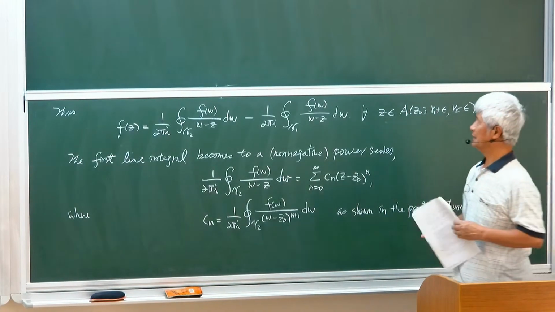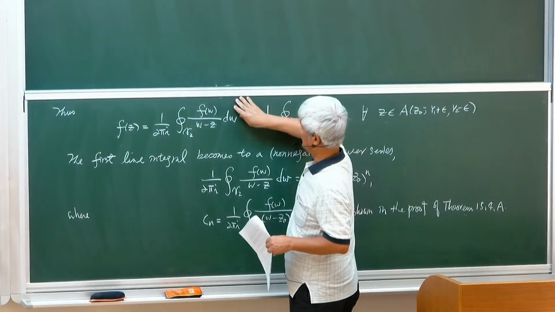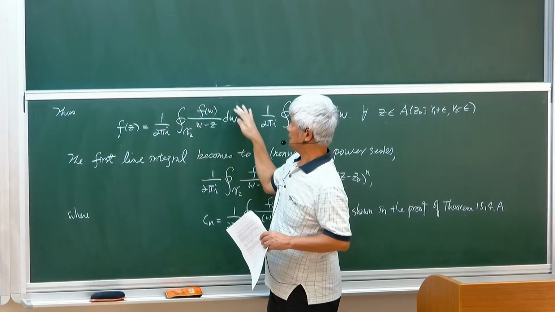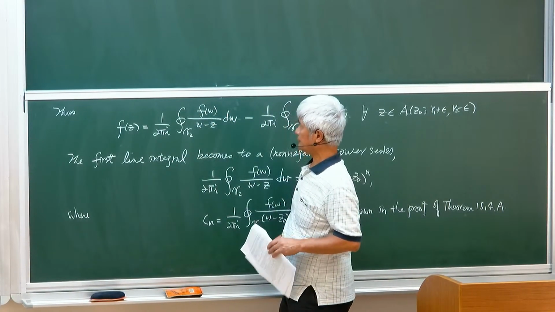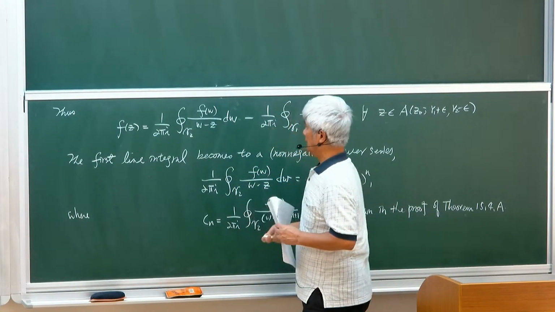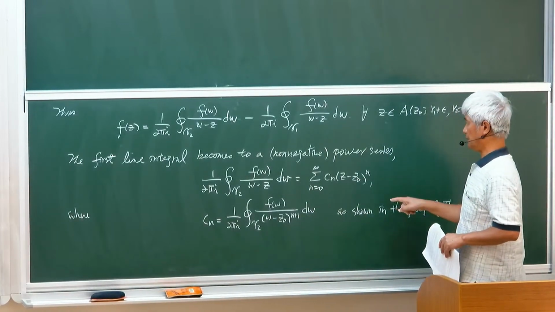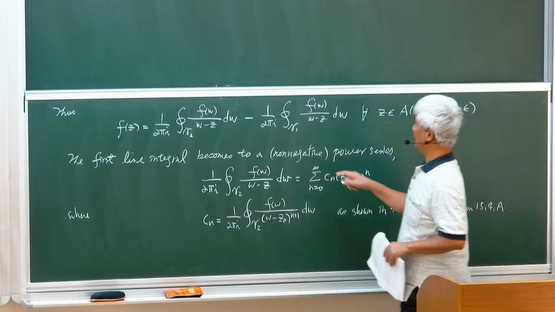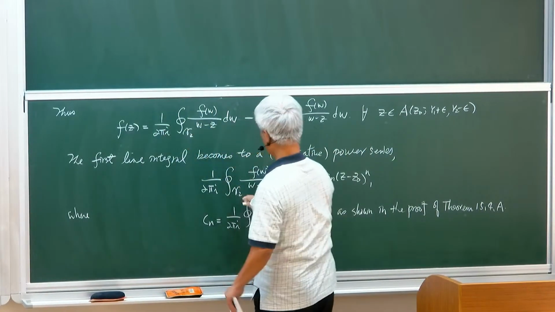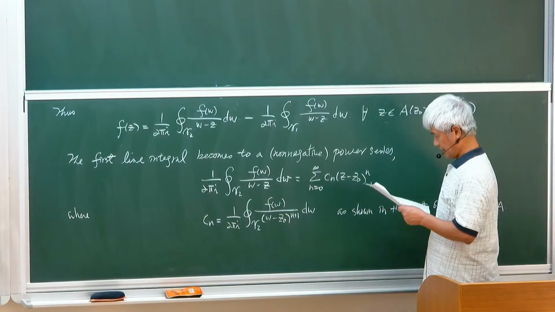So in that case, we have shown that the analytic function is equal to a line integral here. So the procedure will be the same, so I will not repeat it here. So the first line integral becomes a power series.